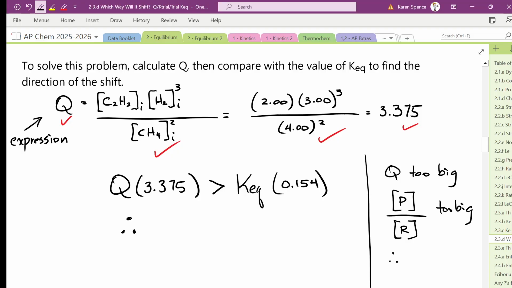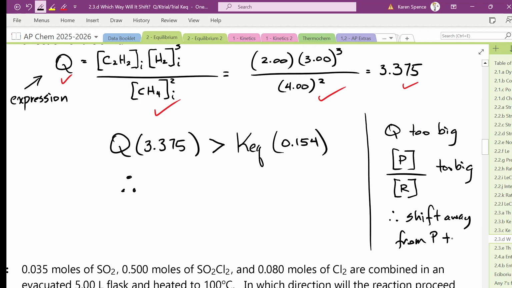Therefore, we need to shift away from the products towards reactants. That says towards, TWDS, towards reactants, which means we are shifting to the left.